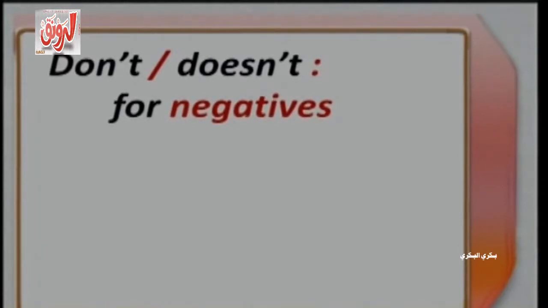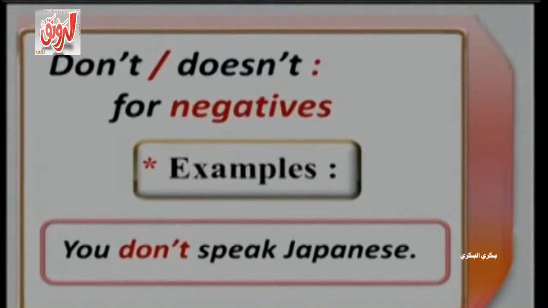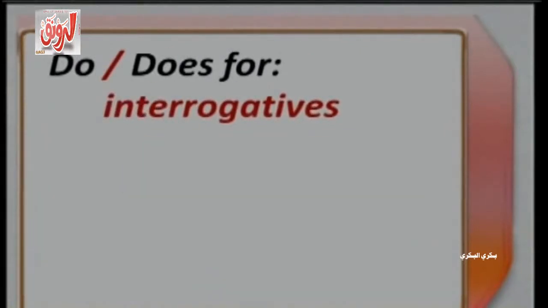When you've done something of the kind, you have turned your sentence to be negative. See the examples here. You don't speak Japanese. I don't speak Japanese. We don't speak Japanese. They don't speak Japanese.